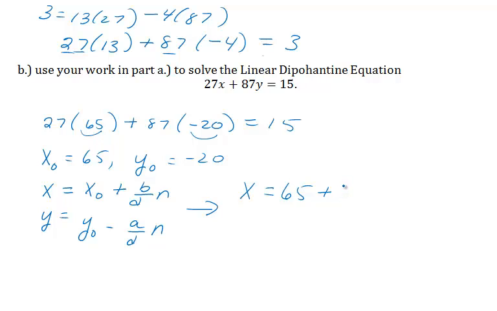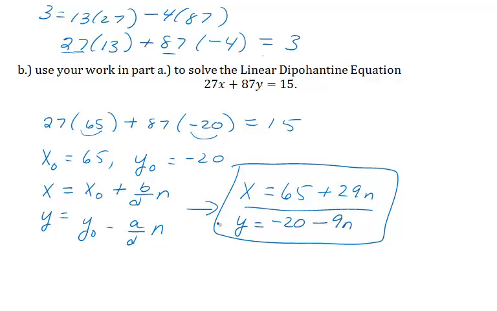So 87 divided by 3, 29n. And y equals y naught, negative 20, minus a, which is 27, over d, which is 3. So 27 over 3 is 9n. So these formulas give us all solutions where n is any integer.